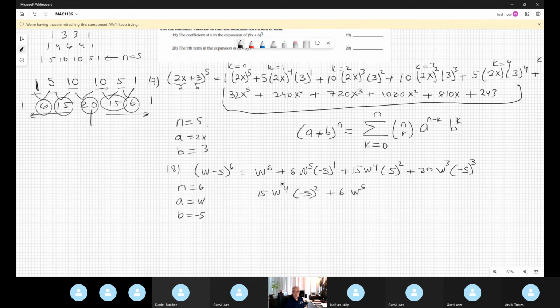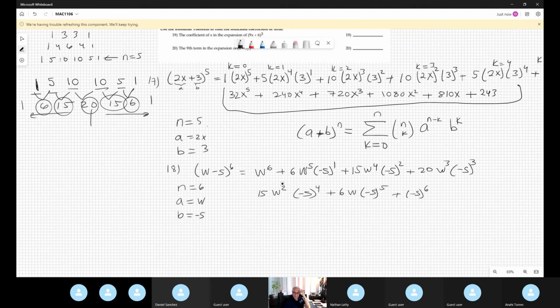This is 2. It's obvious that this is 1, and 1 is invisible exponent. This is just W. This is minus S. Okay, and the exponent here increasing. This is 1, this is 2, this is 3. This is wrong again. It's 4. And this is minus S to the 5th power. It's 1 plus 5. And the last guy is 1. Minus S to the 6th power.